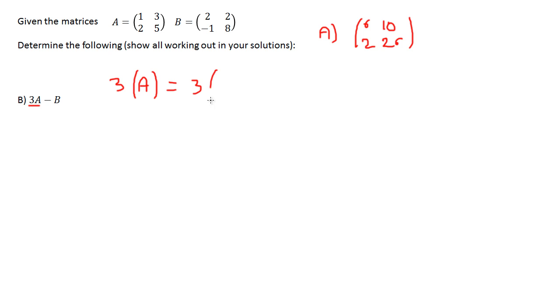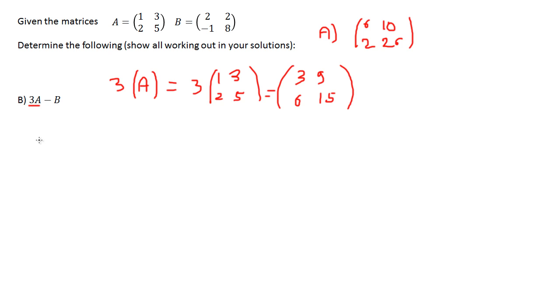So 3 times 1, 3, 2, 5. Now, like we did before, we just multiply the number outside the matrix by the matrix. So we end up with 3, 9, 6, and 15. And that's the value for 3A.